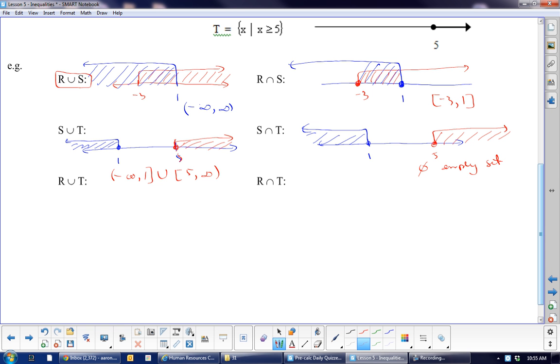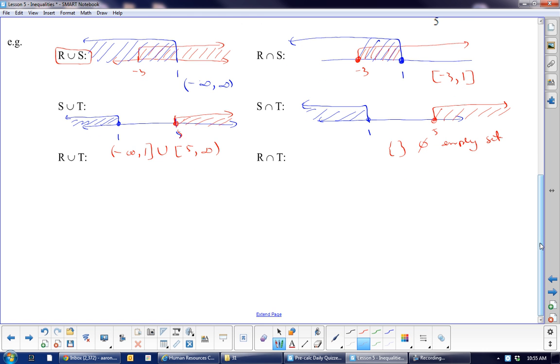I've also seen you just have two brackets that look like this. So that's an empty set. There is no commonality. They don't share any points. Union is, what are all the points? Intersection: what points do they share?